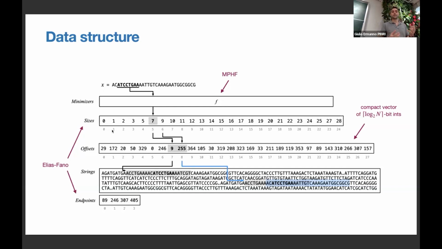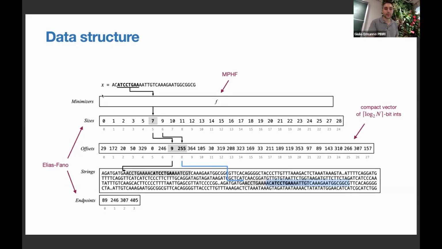And then also we have some auxiliary, very small sequences like the sizes, which means that I have to understand how many offsets a minimizer can have, because it can also appear multiple times. So I have to store this information, but those are small auxiliary sequences that do not weigh that much.